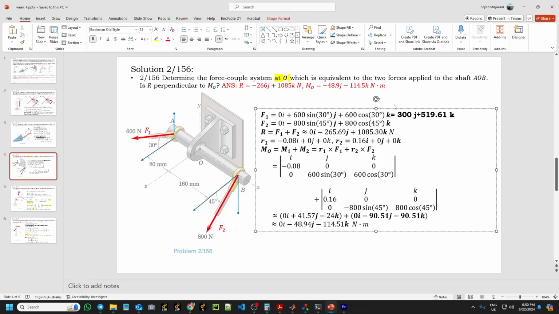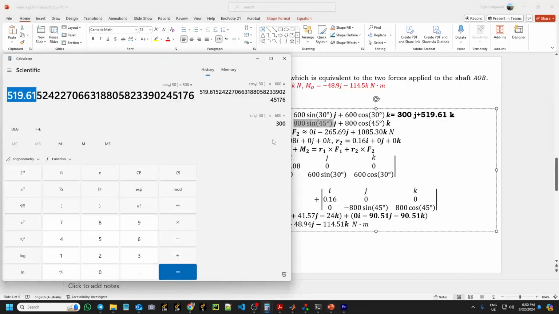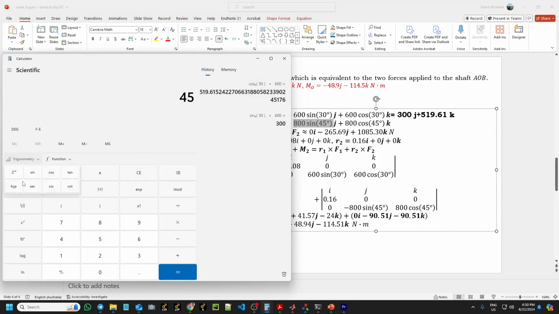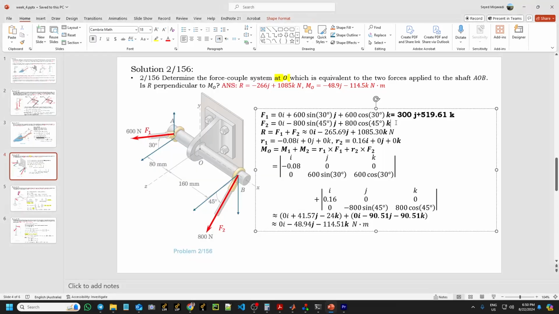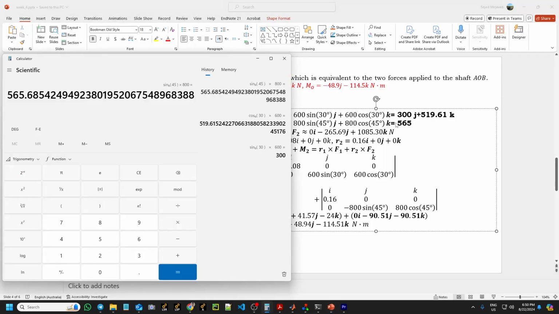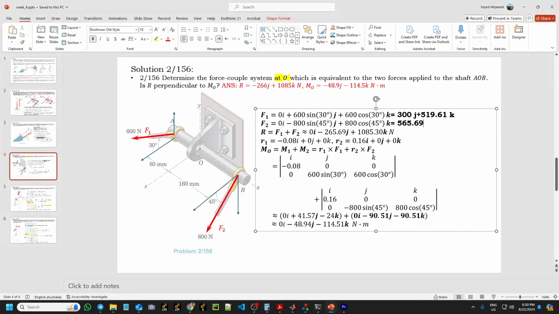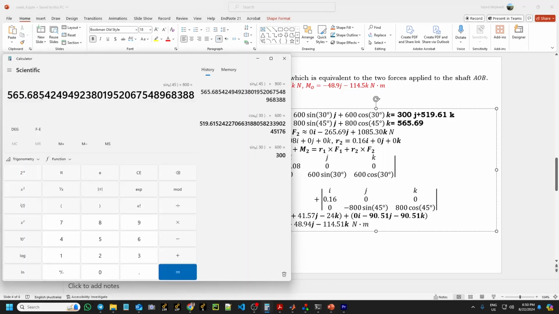Okay, and for this one also you do the same. Let us find sine 45 times 800. It will be 565.69.